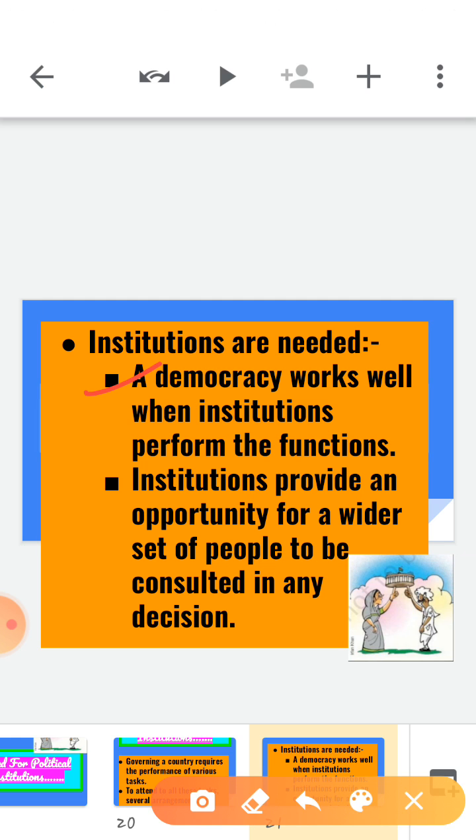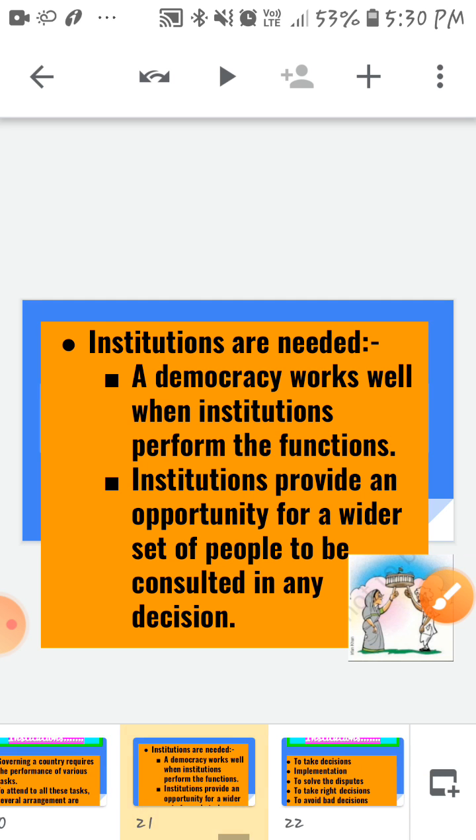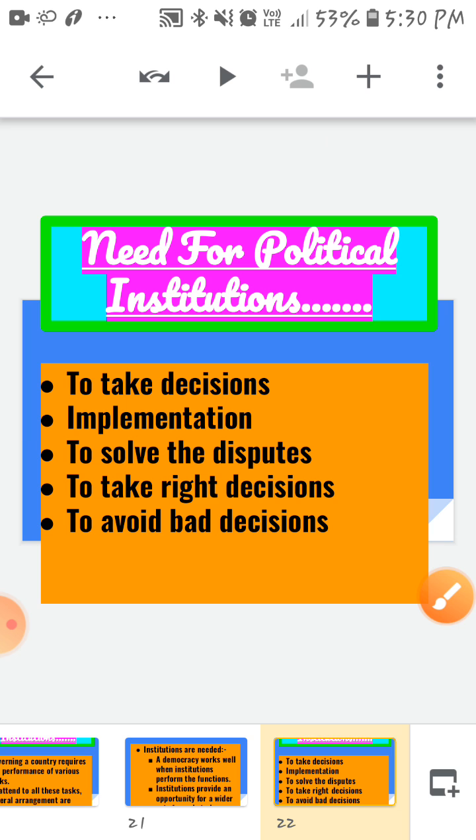As you know, the constitution of any country lays down basic rules on the powers and functions of each institution. These institutions provide an opportunity for a wider set of people to be consulted in any decision. Clear?